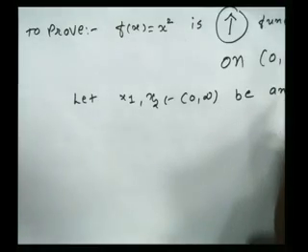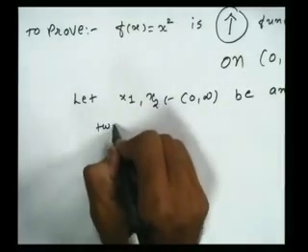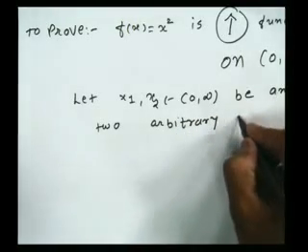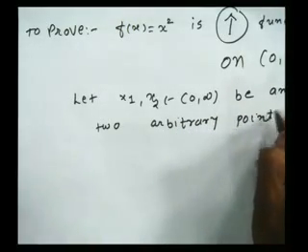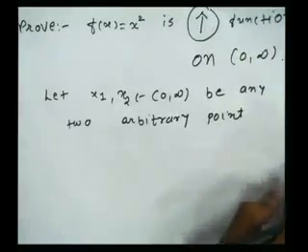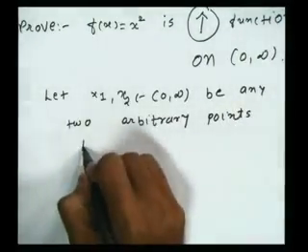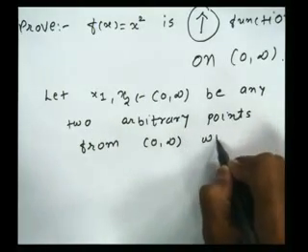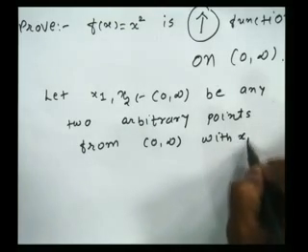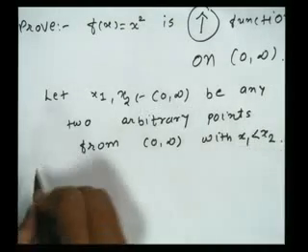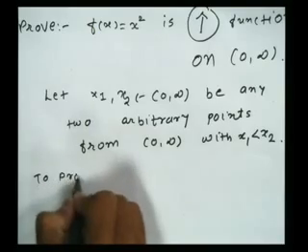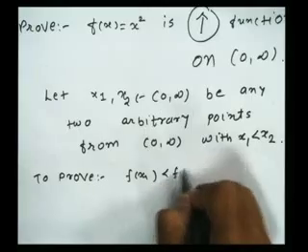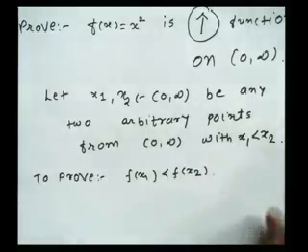Let x1, x2 belongs to 0 to infinite be any two arbitrary points from 0 to infinite with x1 is less than x2. We want to prove value of f of x1 is less than value of f of x2.